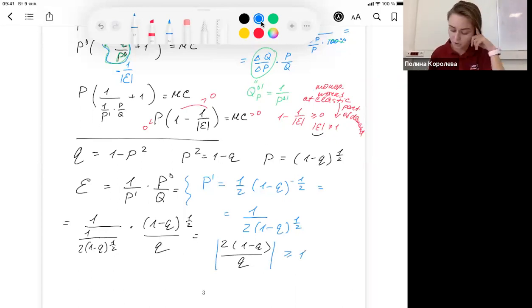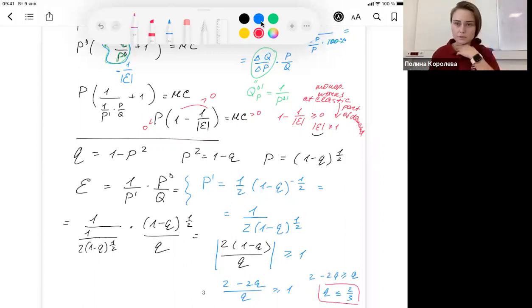Let's check it. So (2 minus 2q) over q should be greater or equal than 1. So 2 minus 2q greater or equal than q. So q should be less or equal than 2/3. You see? So the monopolist will produce no more than 2/3.